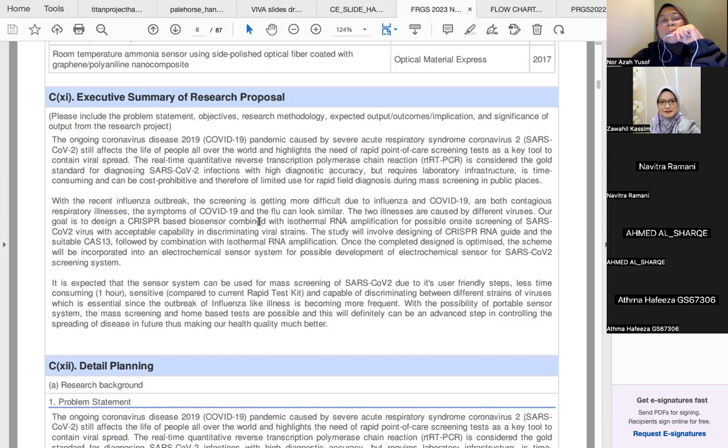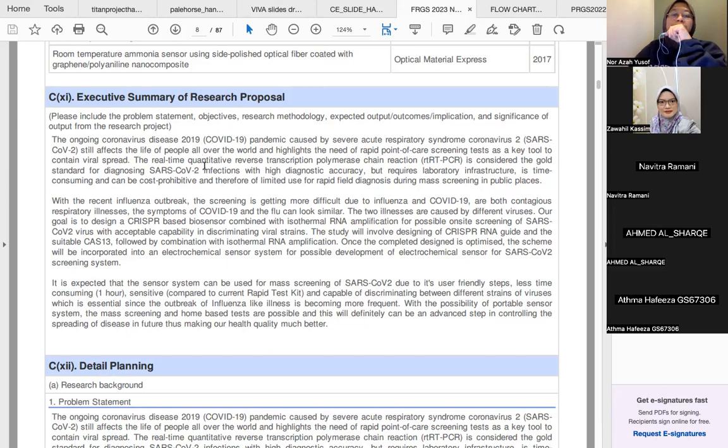So what they look at first is the executive summary. As I mentioned before, the executive summary is very important, and it consists of all the required elements: problem statement, objective, research method, expected output, and significance and impact of the research project.